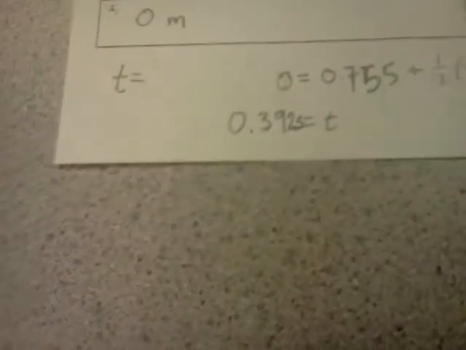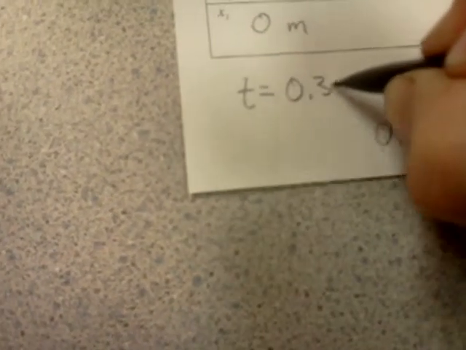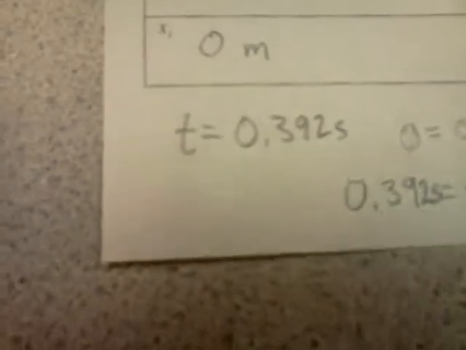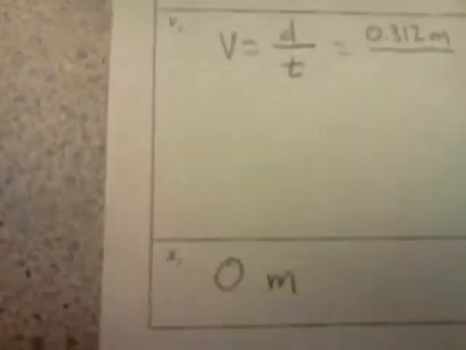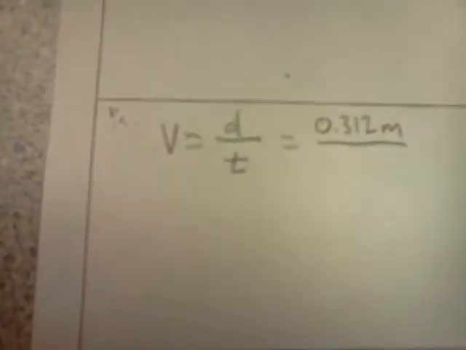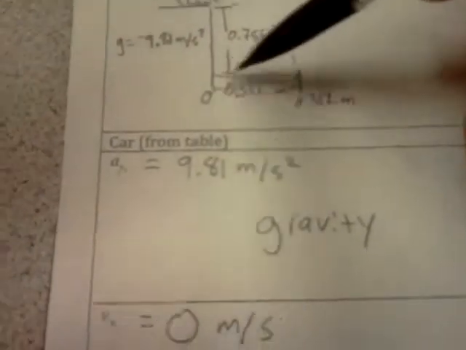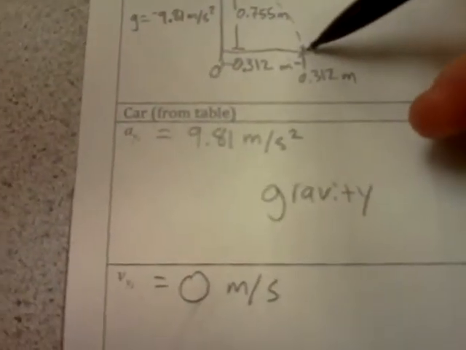I just double check my math. So I know that the time it takes to hit the ground is 0.392 seconds. With that information, I can now calculate my velocity in the X direction. My velocity in the X direction is going to be the distance that it traveled in the X direction divided by the time that it took.